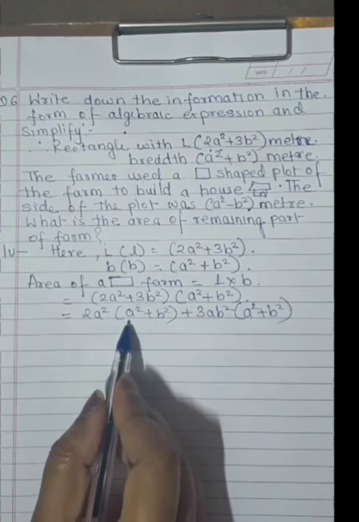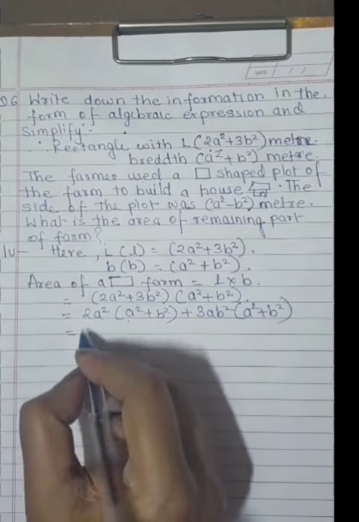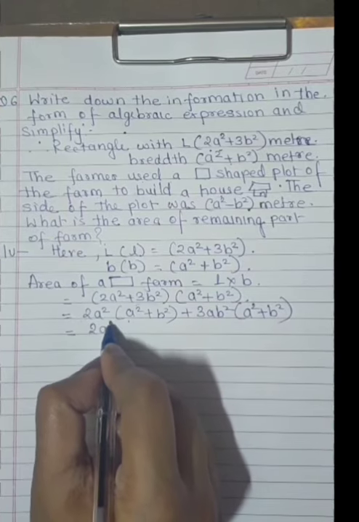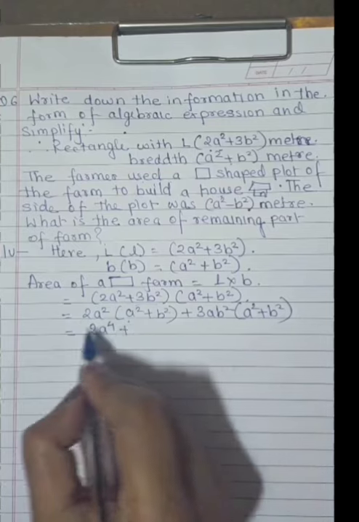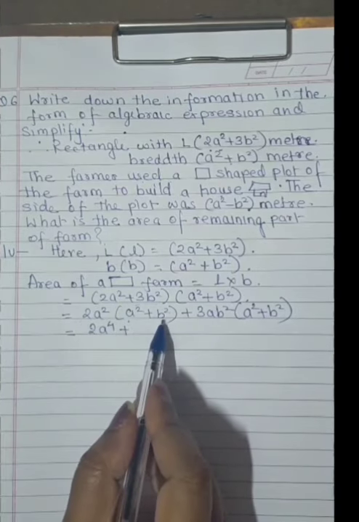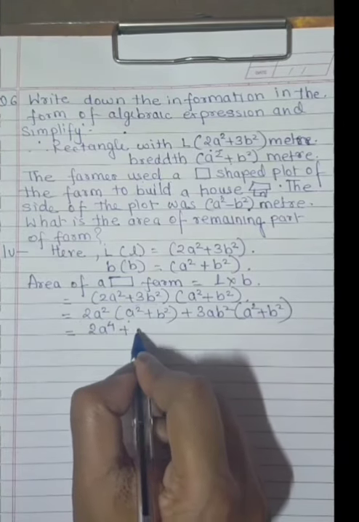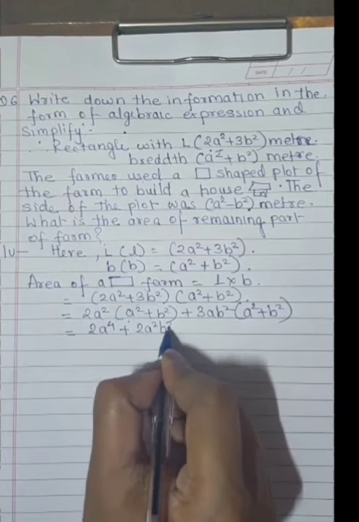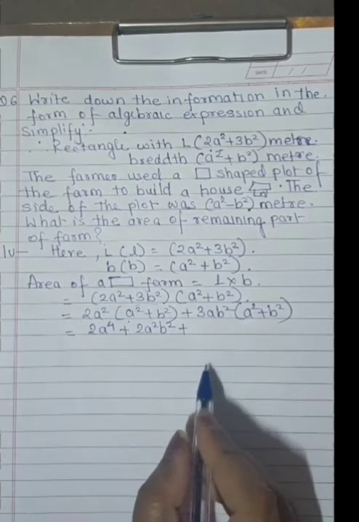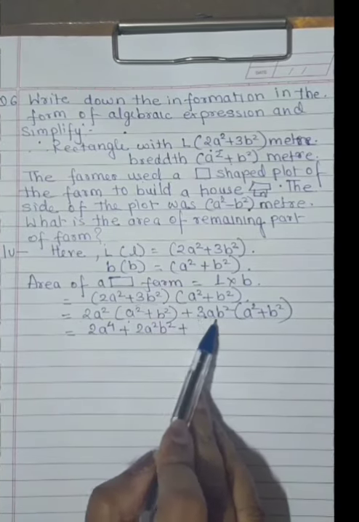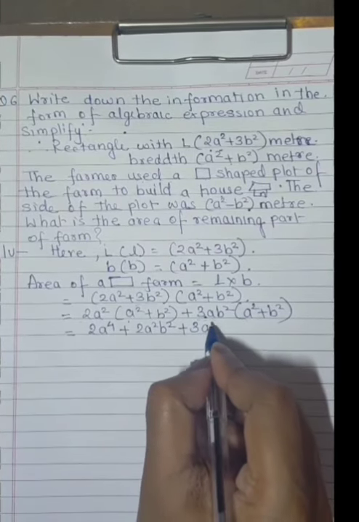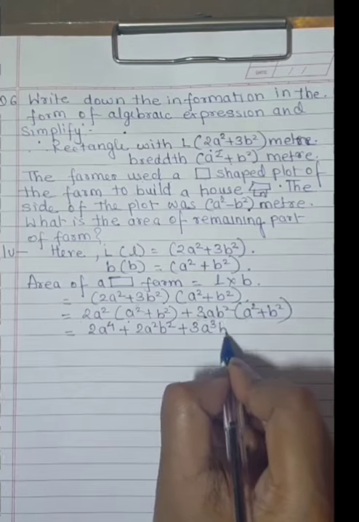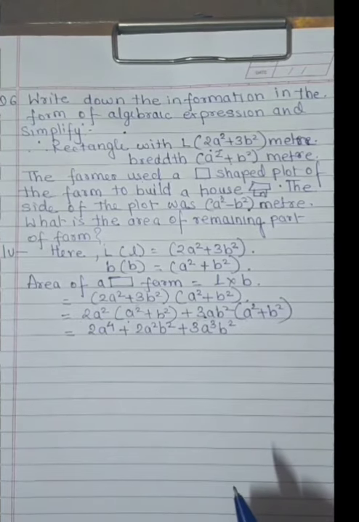Now this will get multiplied with this, then we will get 2a to the power 4. Plus again, 2a square multiplied by b square will be 2a square b square. Again the plus sign will come. Again this will get multiplied with this, so we will get 3a square b square.